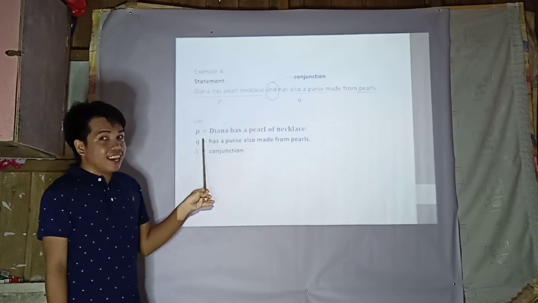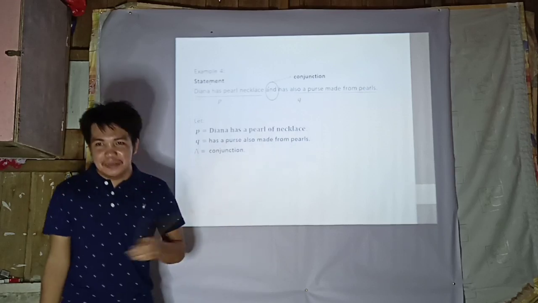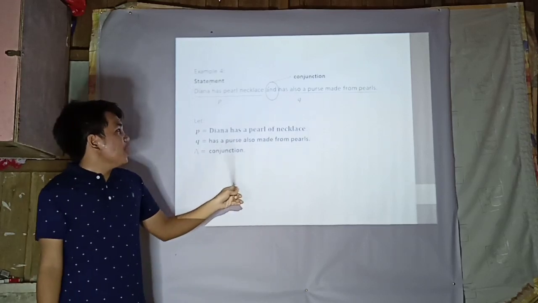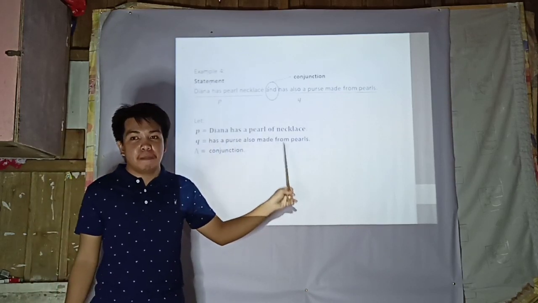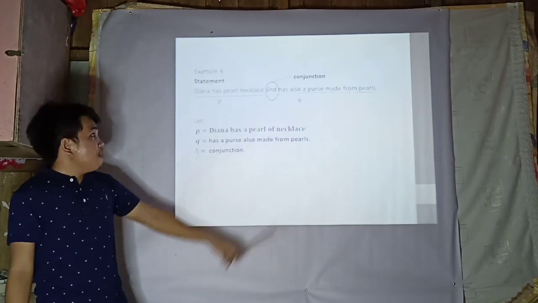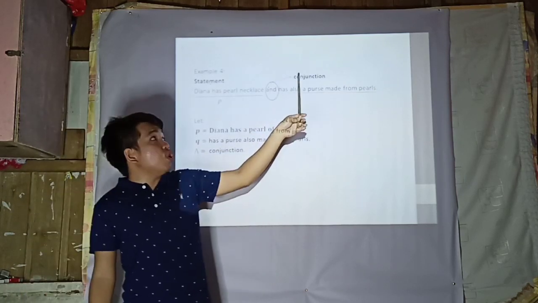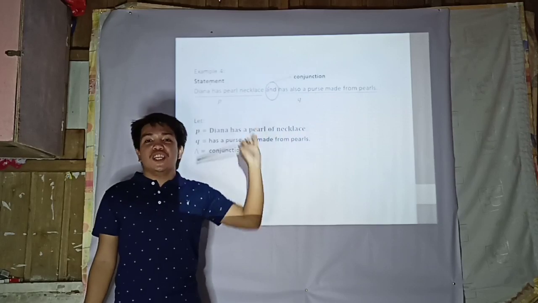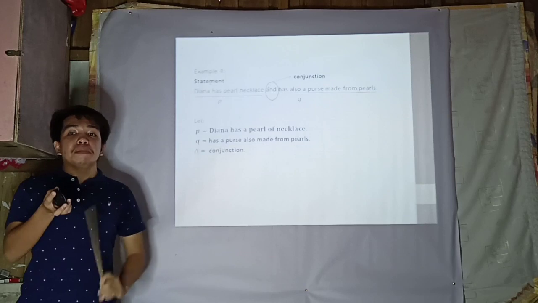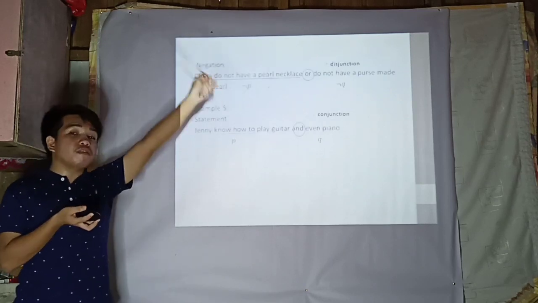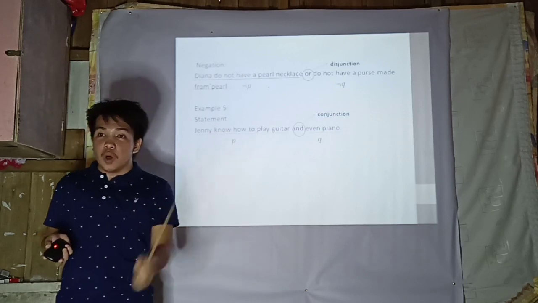P is "Diana has a pearl necklace." And Q is "has a purse also made from pearls." The logical operator denotes the conjunction. When this statement is negated, the true statement will become the false statement.